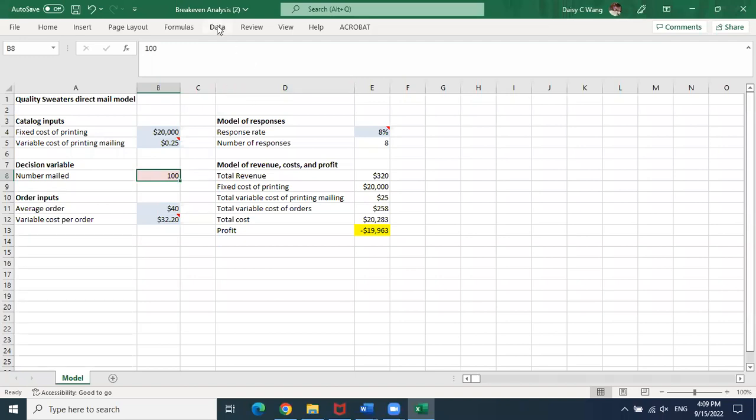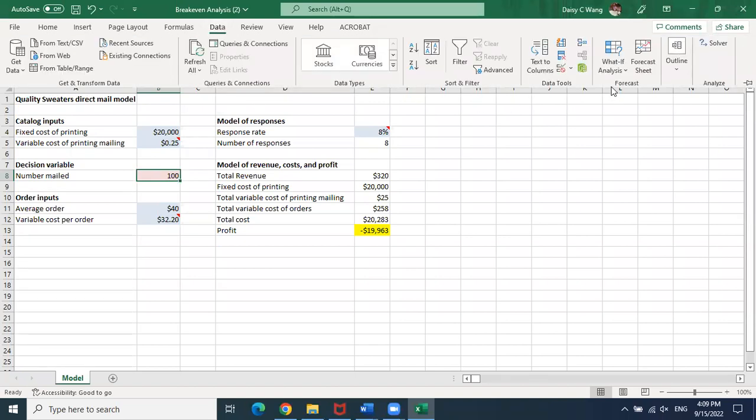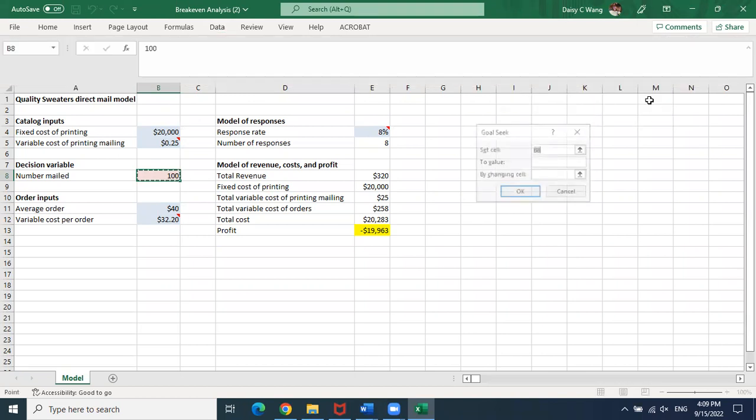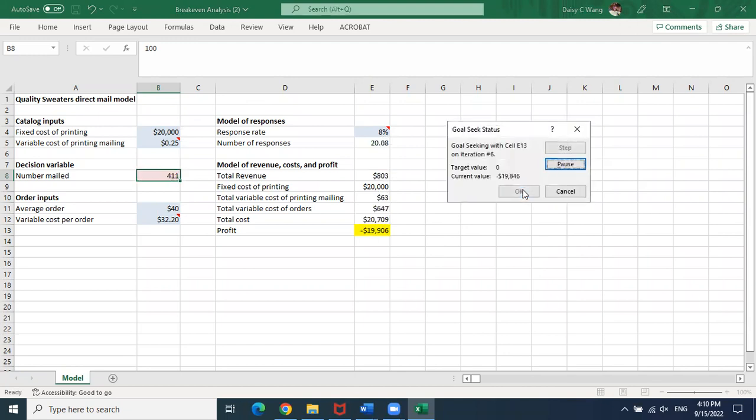Under Data, What-If Analysis, we can use Goal Seek. We set the cell of profit to 0 for breaking even, by changing how many catalogs we are going to print and mail.